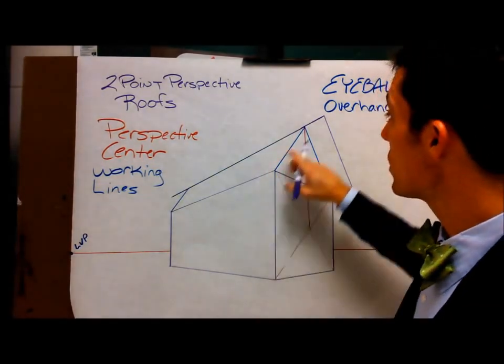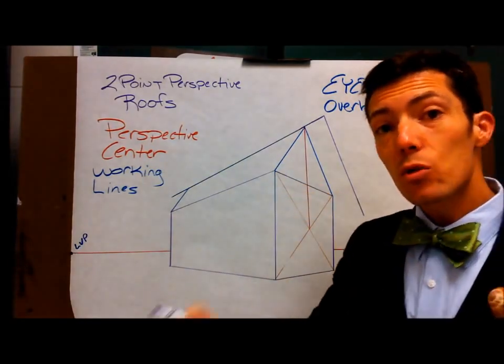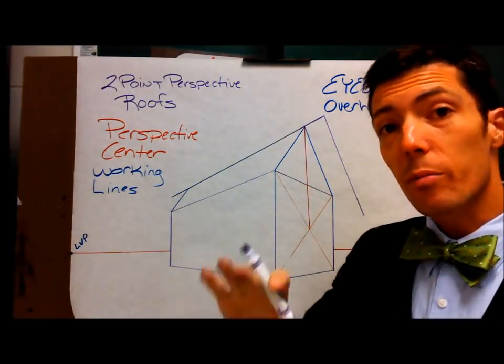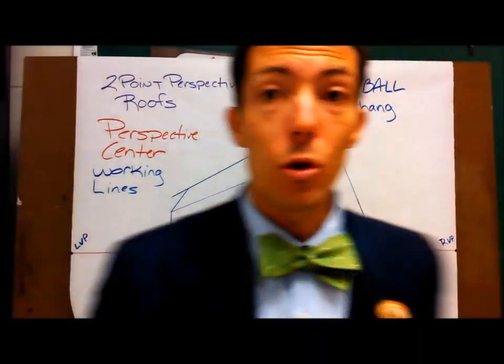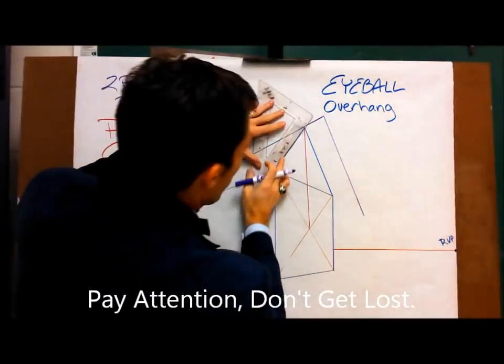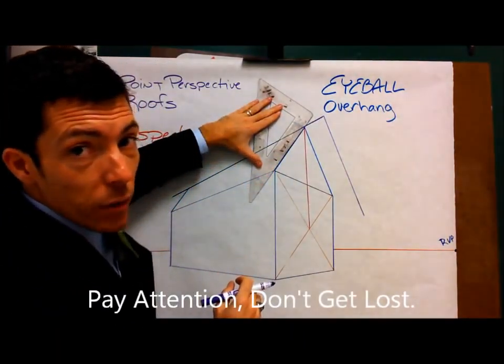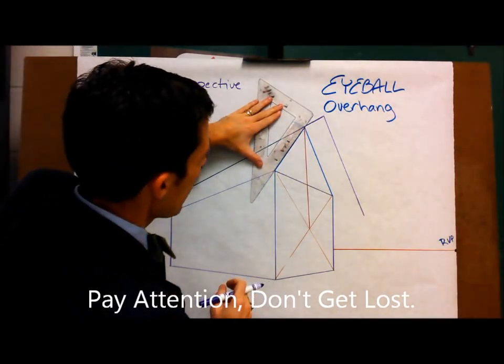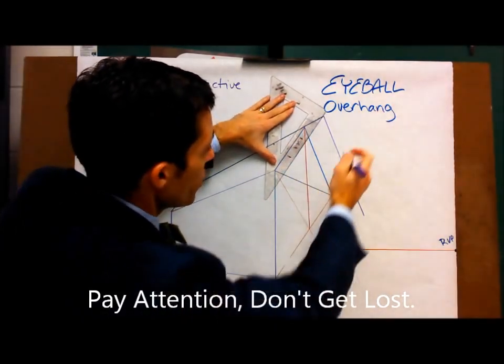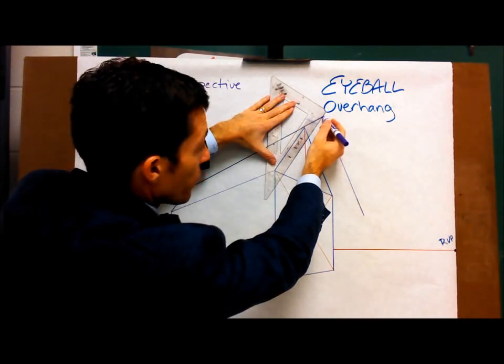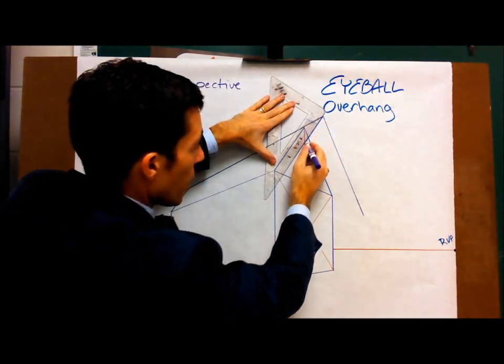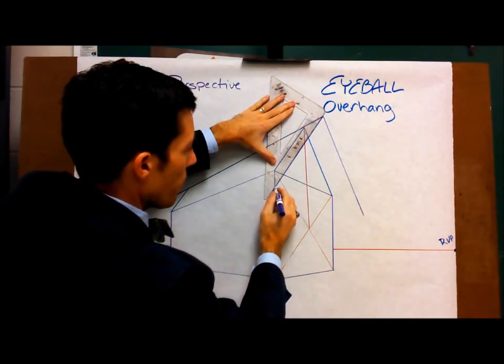Now I also have to do the same thing here. This is where some of these lines are going to get confusing because there's a lot of overlap. So I'm going to line up once again with this angle, slide it forward until I hit my new overhang peak, and draw a line down here.